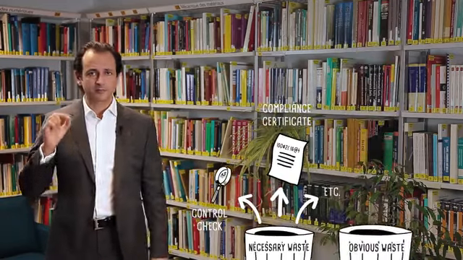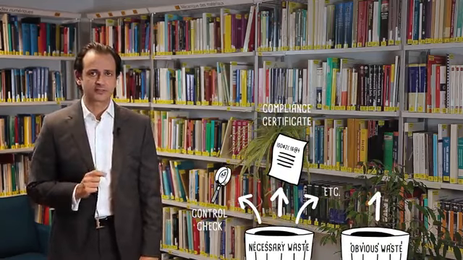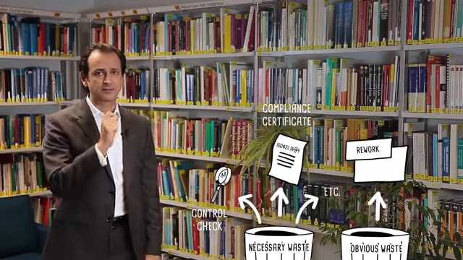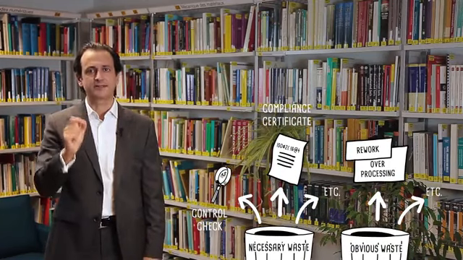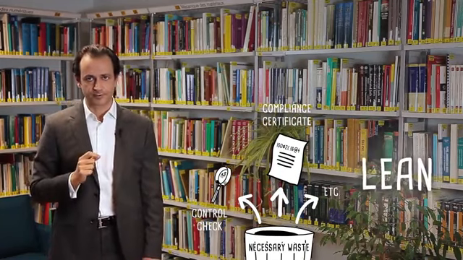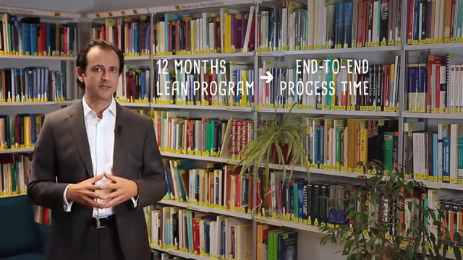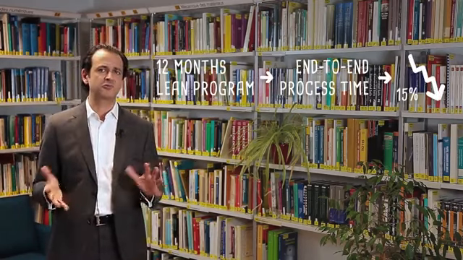Another important part of waste is obvious, such as reworks and overprocessing. This is precisely the waste we want to address with the Lean approach. This is where we want to focus our effort of continuous improvement. Typically, a 12-month Lean program can reduce process time and improve productivity by about 15%.